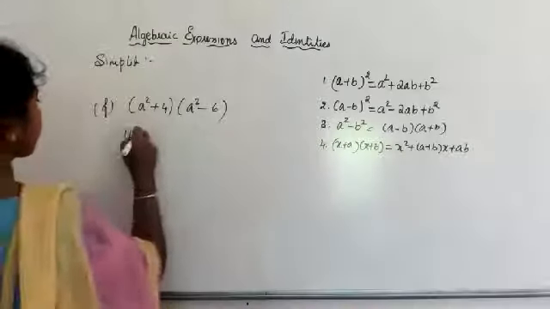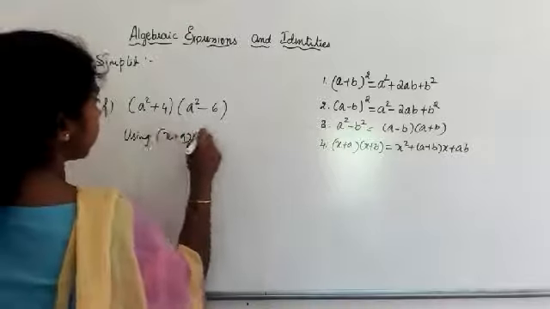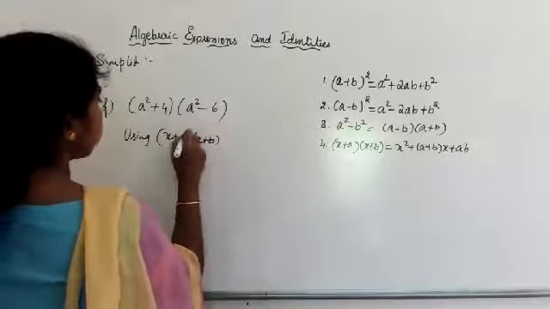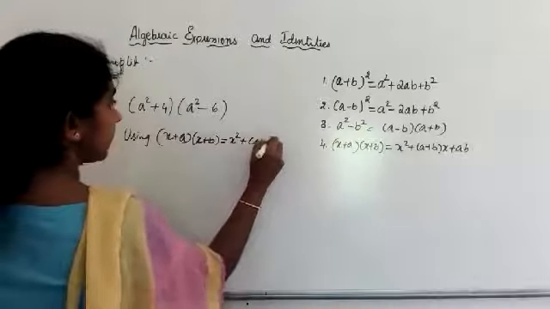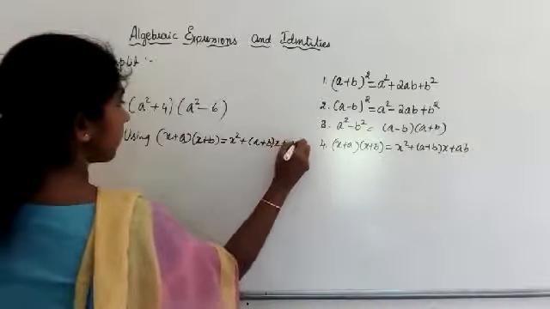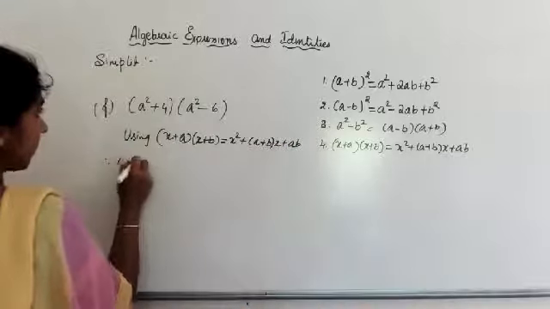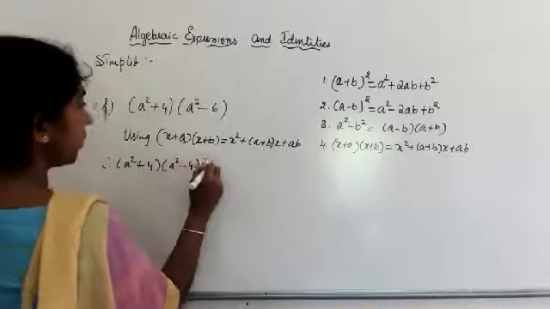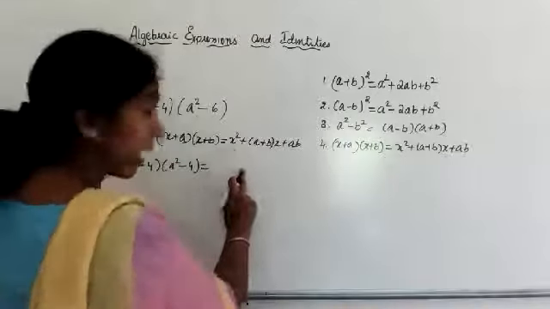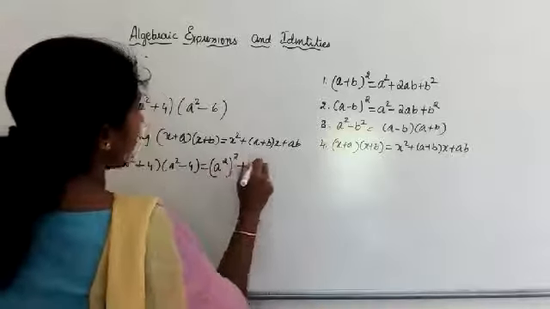Therefore, using x plus a into x plus b form, which is x square plus a plus b into x plus ab. So a square plus 4 into a square minus 6 is equal to, your x is here a square. So a square the whole square plus, what is your a and b?